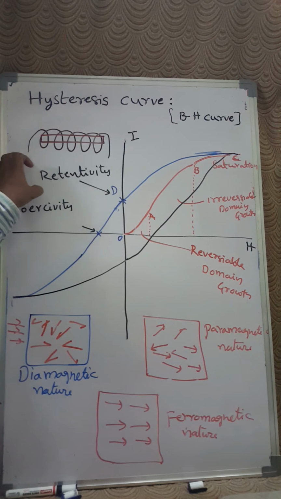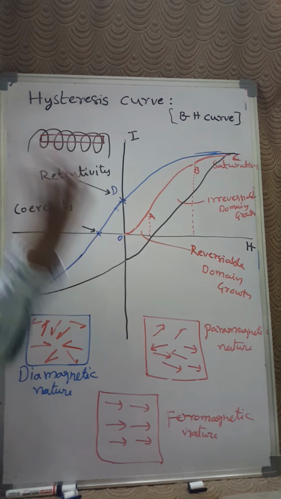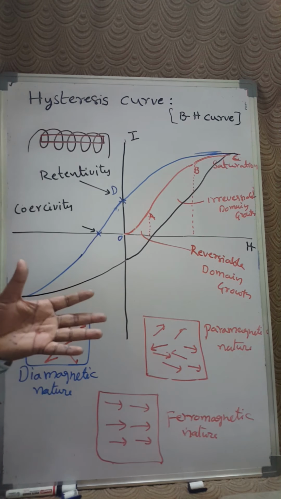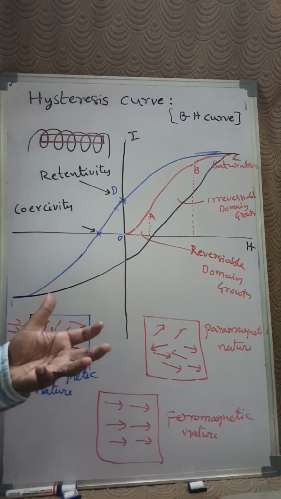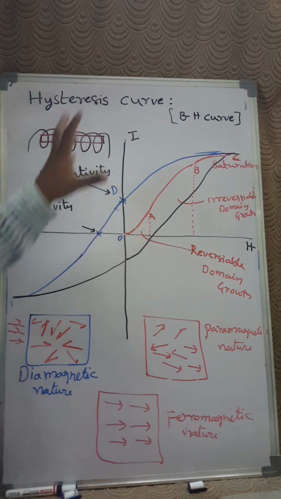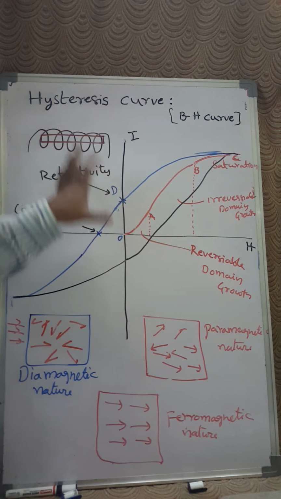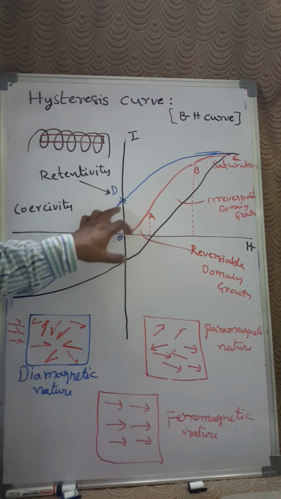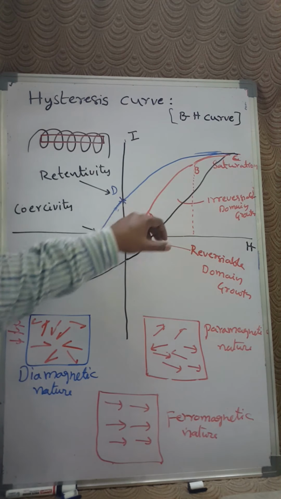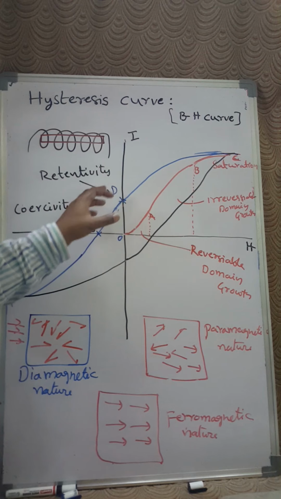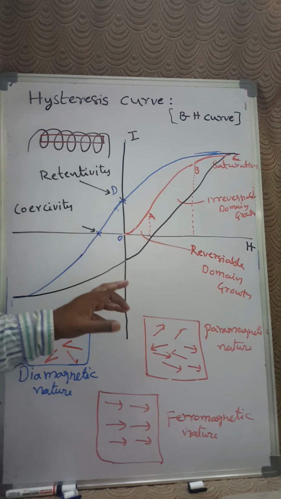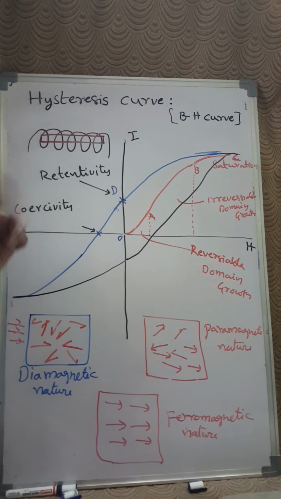A soft magnetic material is one which you can easily magnetize and demagnetize, whereas for hard magnetic materials, once you magnetize them, it is very difficult to demagnetize. Right? So using this experiment, you can see how much energy you are going to have. The total area occupied by this curve is nothing but the hysteresis energy, which gives you the lagging behind of the applied field. Right? And based on the hysteresis energy, we use the material for different applications.